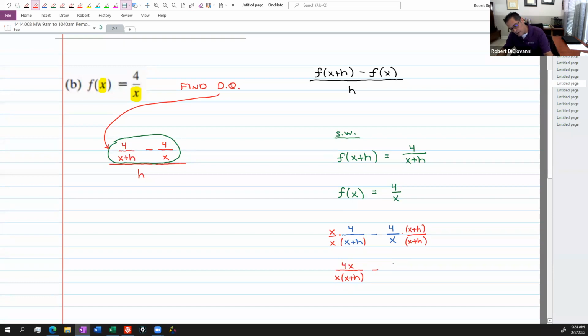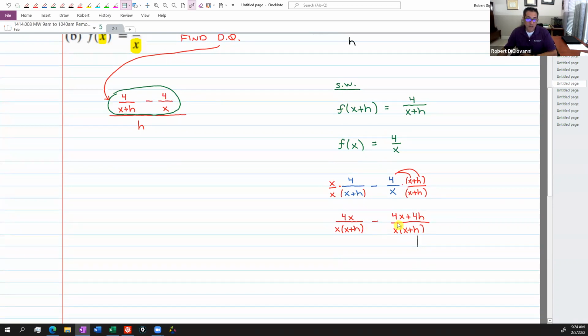And then minus over here, I multiply across the top. Watch what I do here. Multiply that 4 through, 4x plus 4h over that common denominator. And now I'm going to put these two together because they have the same denominator. So it'll be 4x minus, now again, you have to be super careful here because you're subtracting this numerator, which means you have to put the entire numerator in parentheses.